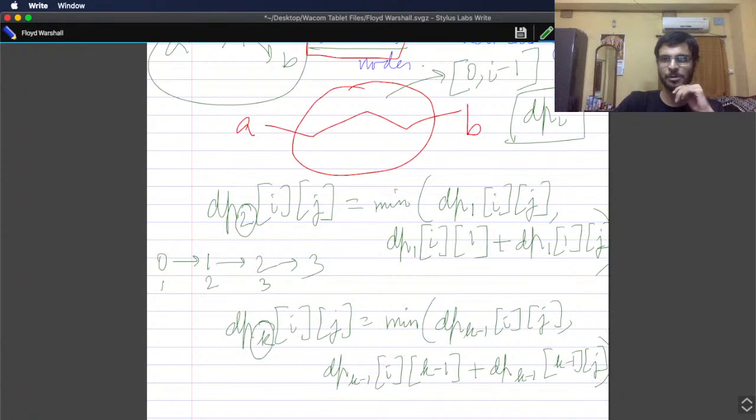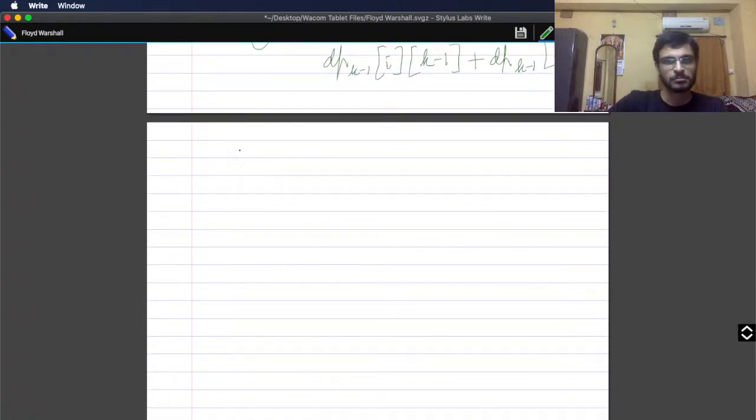Let us take an example to make things clear, because I think it has become a lot hazy for all of you. Suppose we have something like this. I am forming a directed graph. So you have something like this: 1, 2, 3, 4. Let us choose something like this.